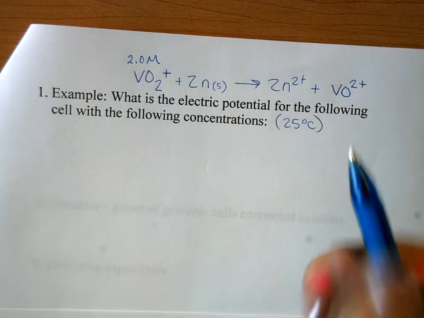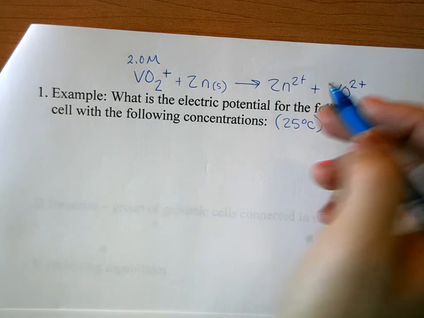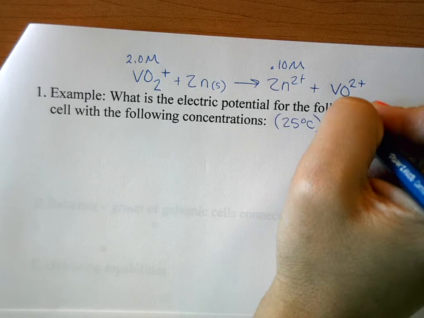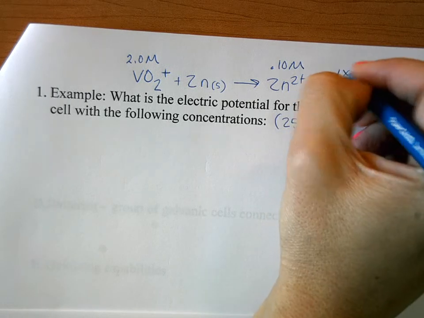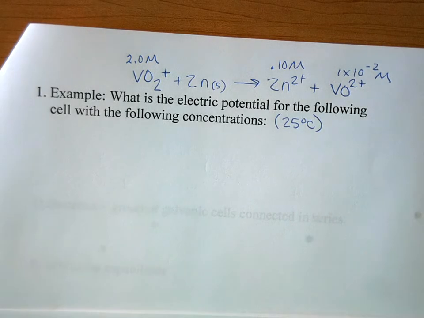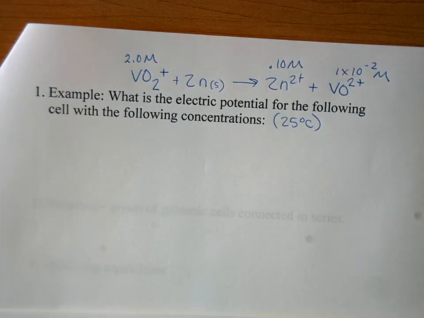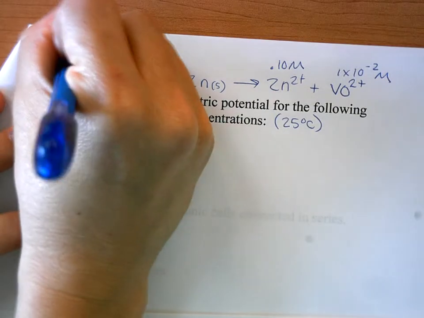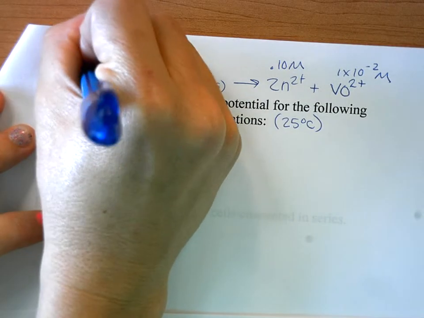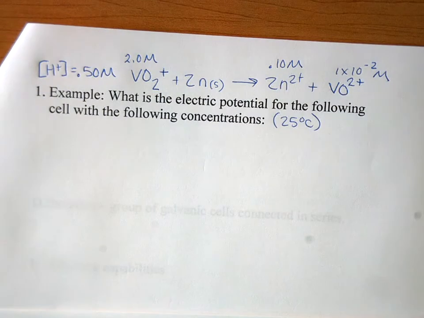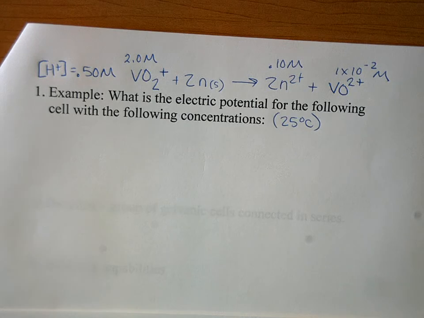Zinc ions, 0.10 molar. And then VO with a plus 2 charge, 1 times 10 to the negative 2 molar. And I'm also given that the concentration of hydrogen ions is 0.50 molar. Okay, and I'll need that.